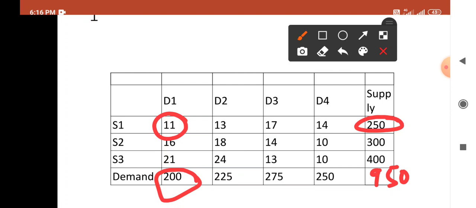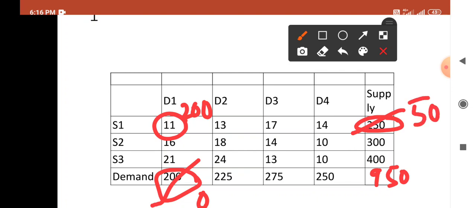The minimum of the two is 200 and we are going to allocate 200 here. Once you allocate the minimum, we deduct the amount from the demand as well as the supply corresponding to that cell. So 200 minus 200 is 0. 250 minus 200 is 50.